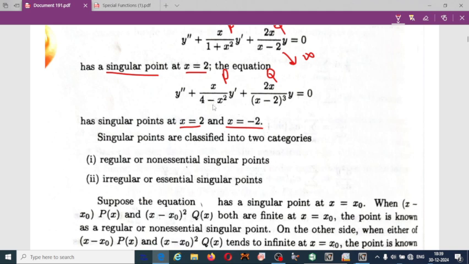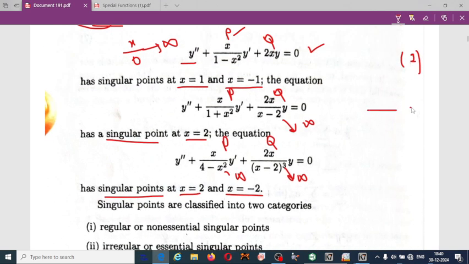You can observe that for p, if you put x equal to 2 or minus 2, this leads to infinity. But for q, only if you put plus 2 does it lead to infinity. If any one of p or q becomes infinite, or if both become infinite, those are also called singular points. So this is how you can take this as equation 3.